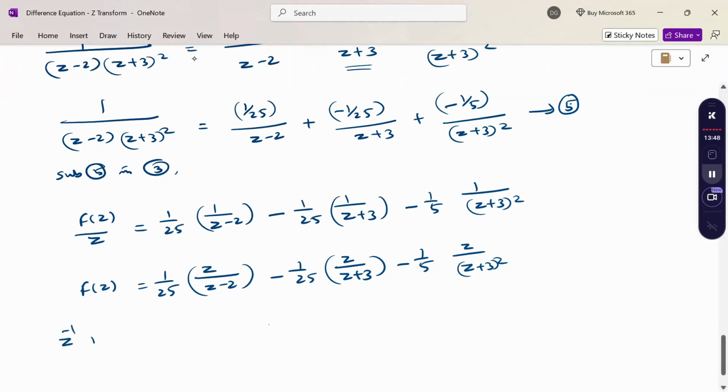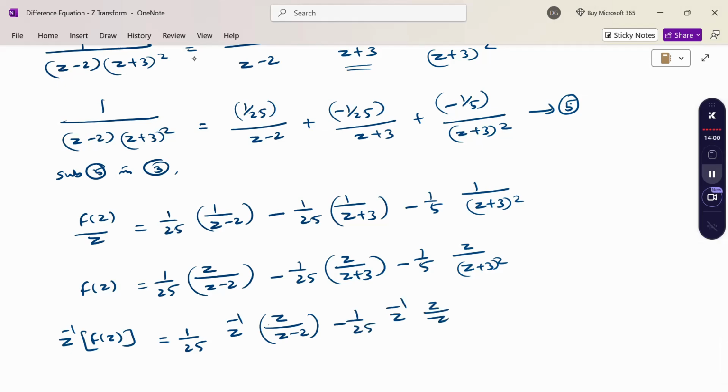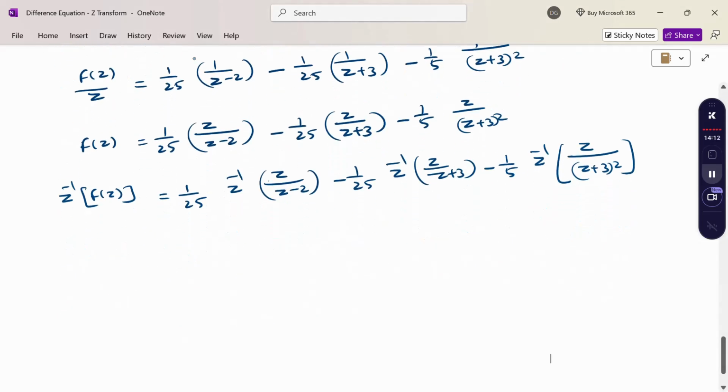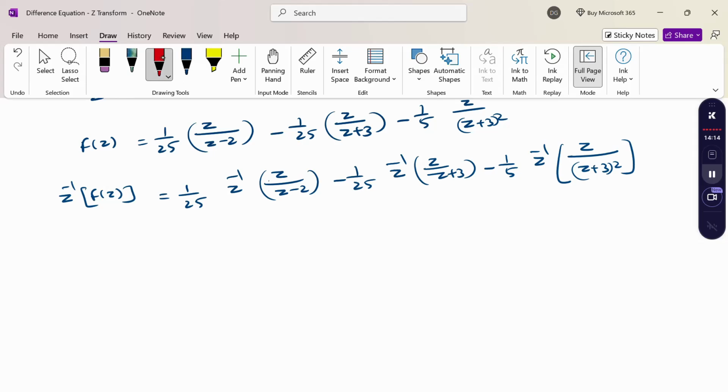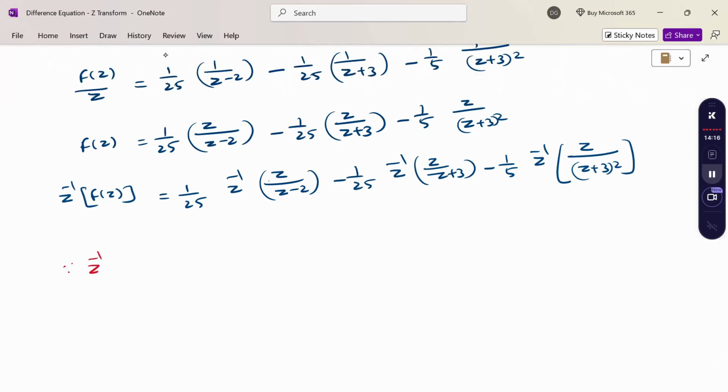So z⁻¹ of f(z) = (1/25) z⁻¹[z/(z-2)] - (1/25) z⁻¹[z/(z+3)] - (1/5) z⁻¹[z/(z+3)²]. Now the result: z⁻¹ of z/(z-a) is aⁿ.